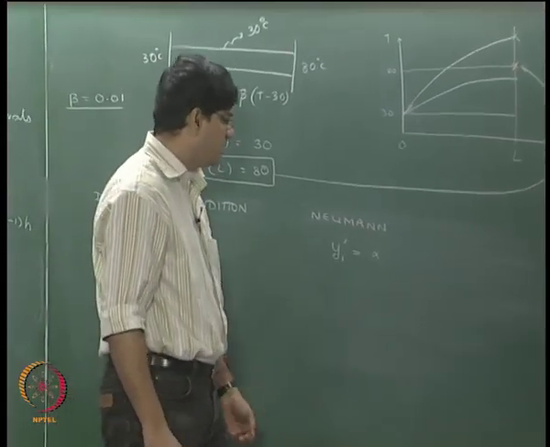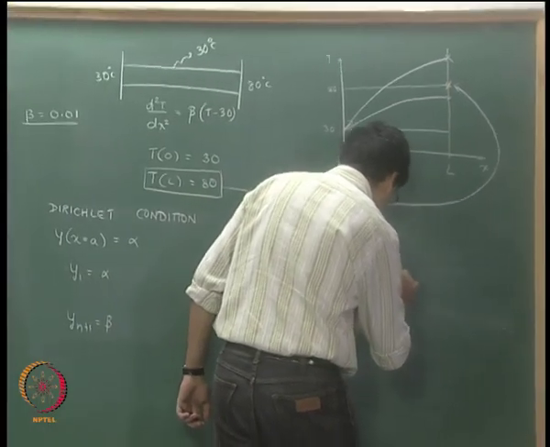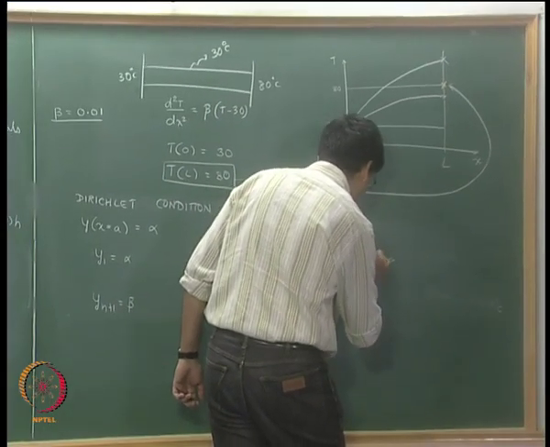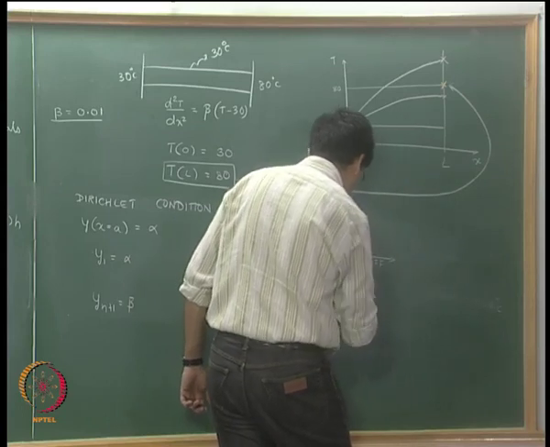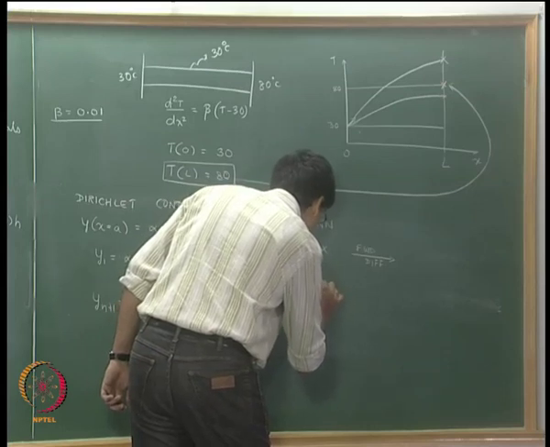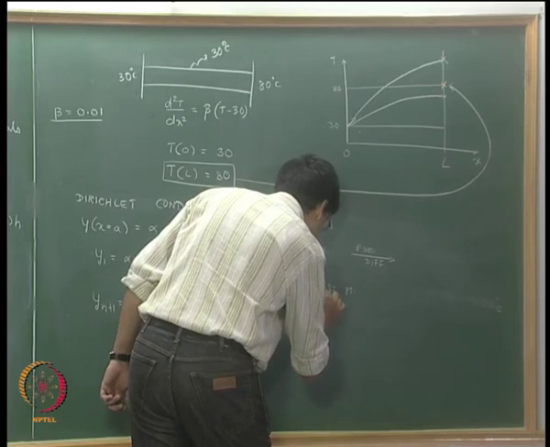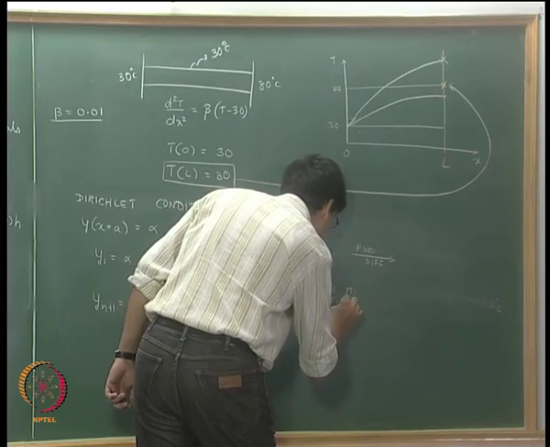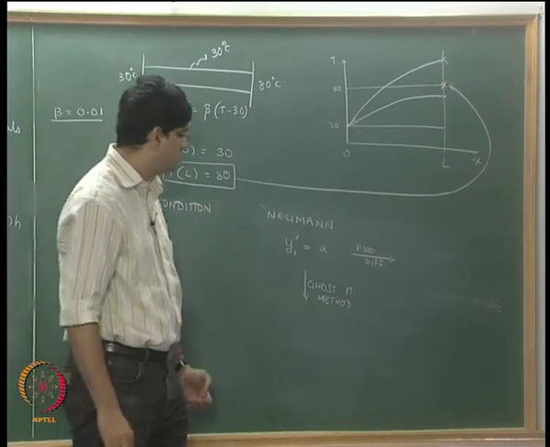Now, this boundary condition we can handle in two different ways. We can use a forward difference formula, and the other way to handle this is using a ghost point method. I will talk about the forward difference formula first because it is more straightforward.